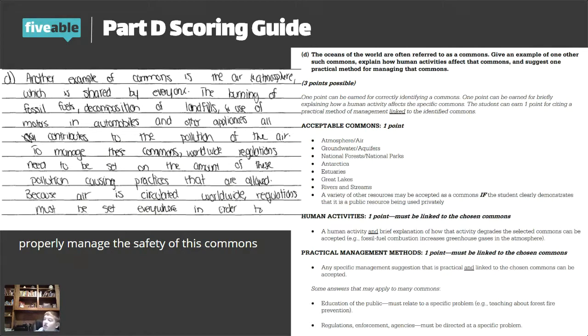So let's see. The author of this FRQ says, the burning of fossil fuels, decomposition of landfills, and use of motors and automobiles and other appliances all contribute to the pollution of the air. Okay, so it says the pollution of the air, but it doesn't say how it's polluting the air. It's not really a brief explanation of how it degrades the commons. It just has pollution.